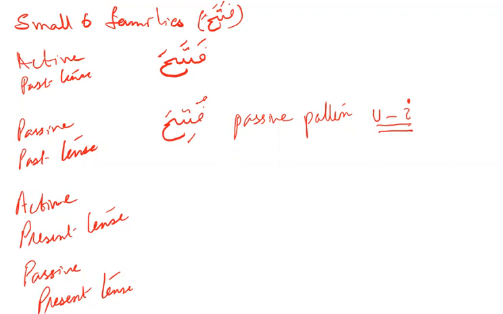Okay, and fataha, futiha. Now the active present tense. What is the present tense of fataha? Yaftahu. Yes. Yaftahu. The ain kalma has a fatha. Fataha yaftahu. Okay. And what will be the passive present tense?